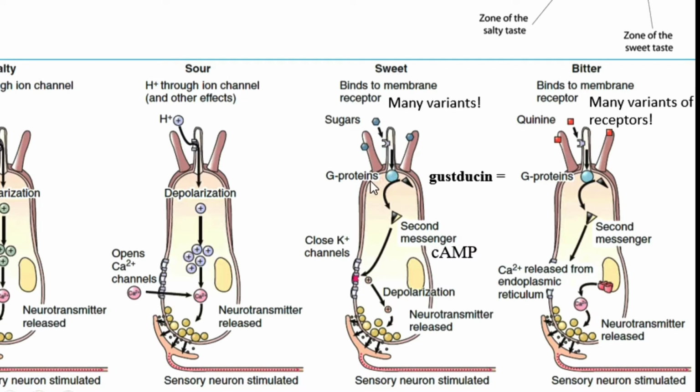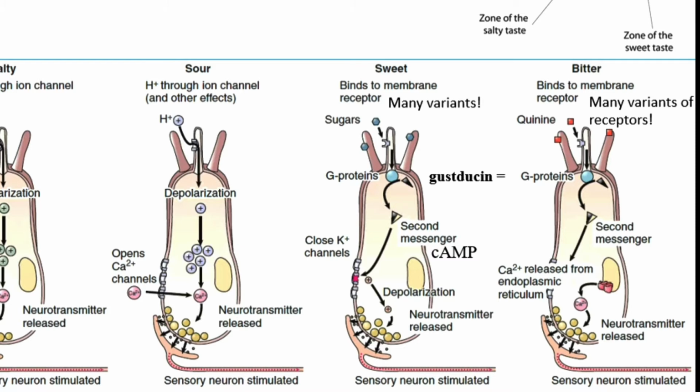Then the G protein will be activated. This G protein consists of alpha, beta, and gamma parts. This G protein is called gustducin. There are several G proteins, and one of them is gustducin, which is responsible for gustatory taste, so it is logical, the name is gustducin. The activated G protein, the alpha subunit, will come and activate adenylate cyclase.